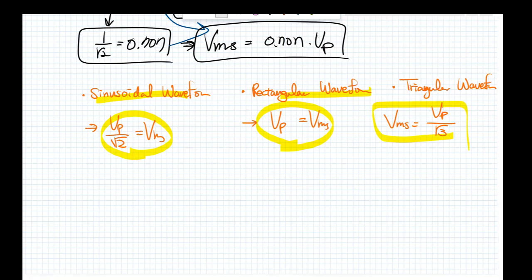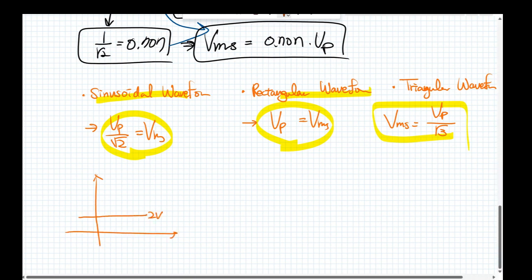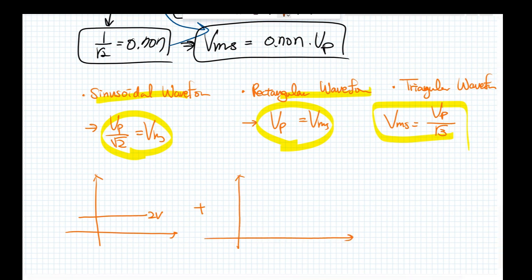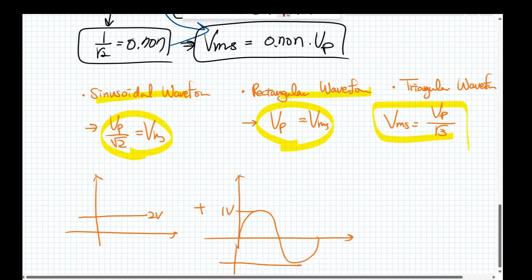But sometimes the waveform is added to a DC voltage. For example, 2 volts plus a sinusoidal waveform like this one, for example, 1 volt to minus 1 volt. So that one is what?